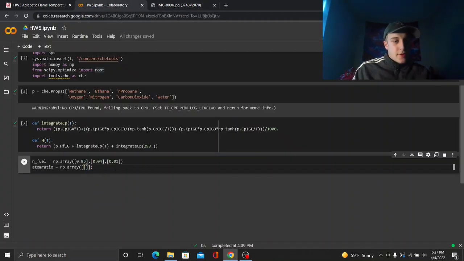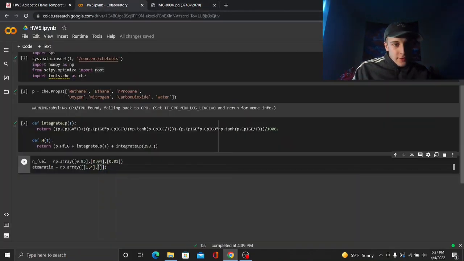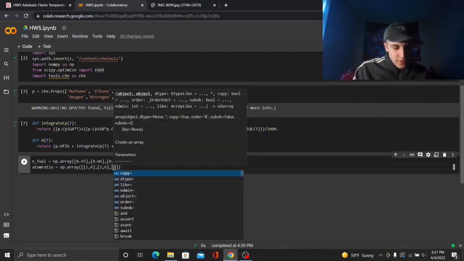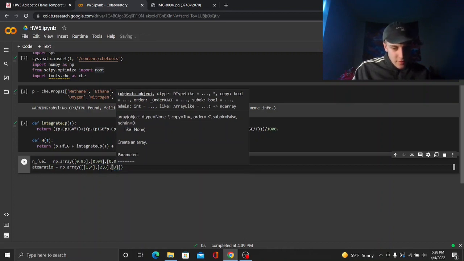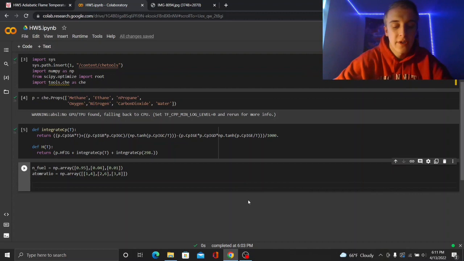And the first one will be 1, 4. And then 2, 6. And then 3, 8 for our propane.